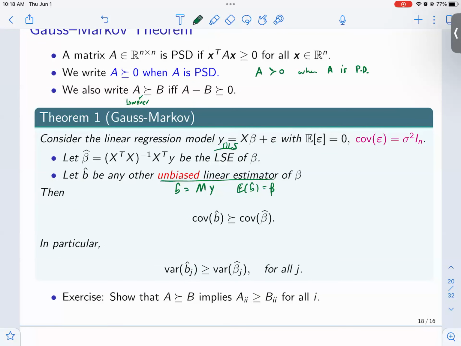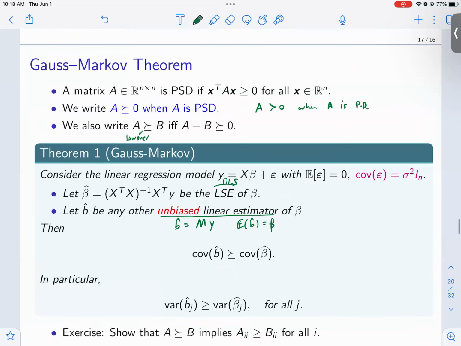So whenever you have a statement like that, A minus B positive semi-definite, it follows, for example, that all the diagonal elements of A are bigger than or equal to all the diagonal elements of B. The reason is that A_ii minus B_ii is the ith diagonal entry of A minus B, and we know that for a positive semi-definite matrix, the diagonal entries are non-negative.